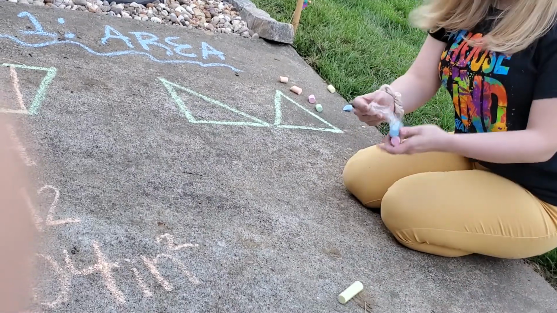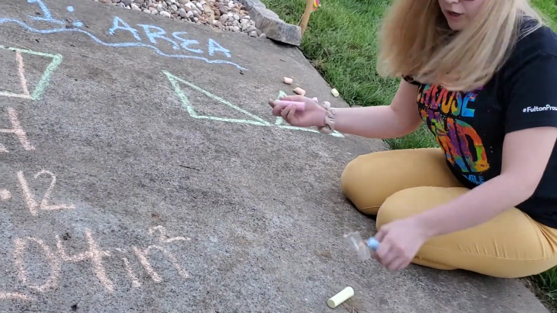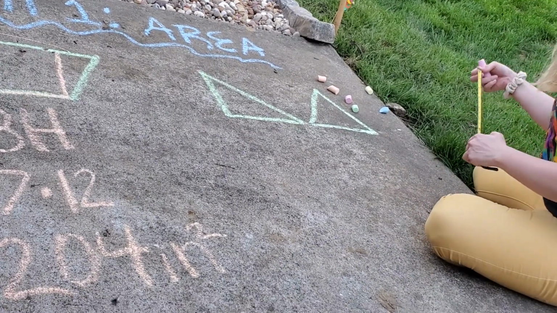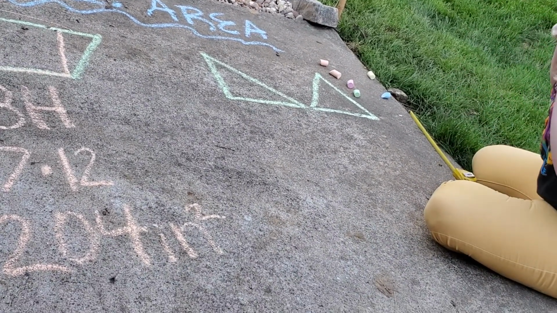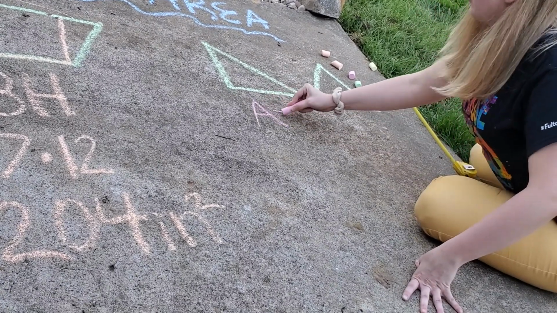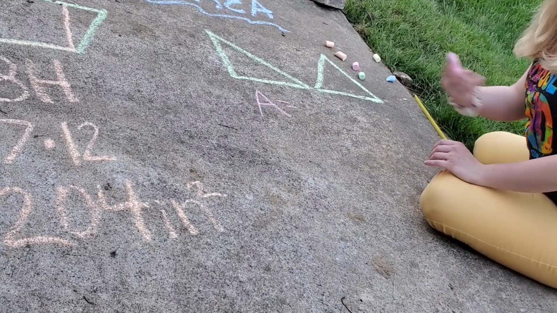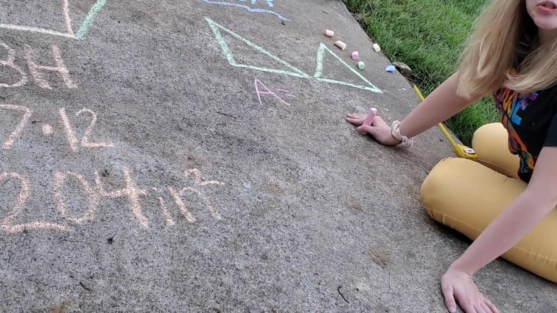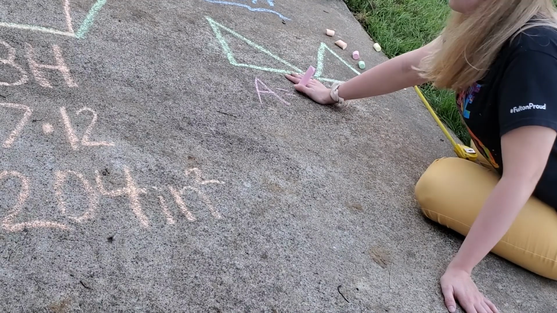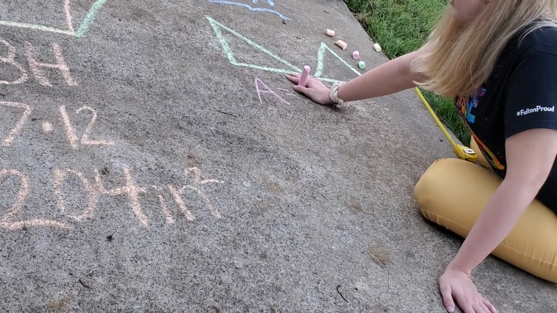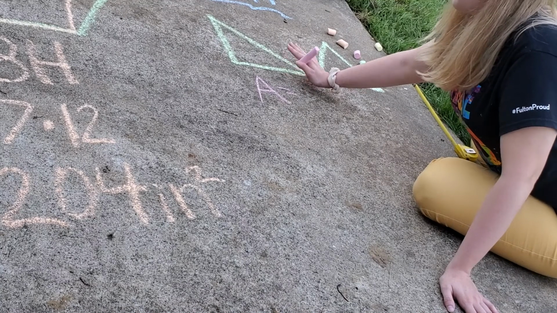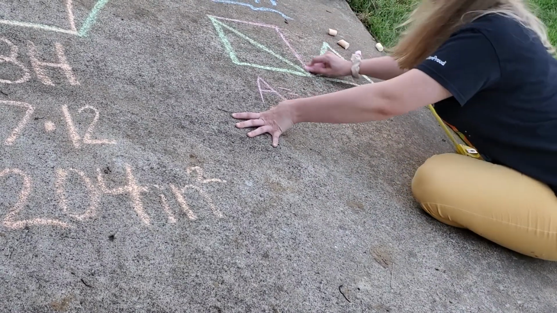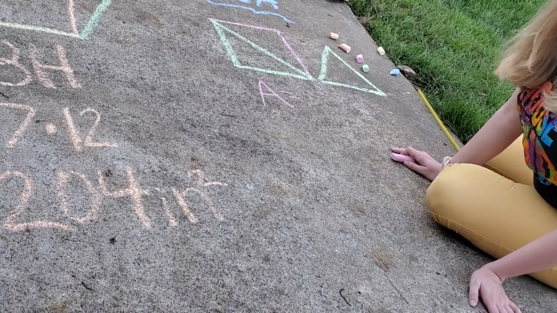Okay, we are now going to work with our triangles. First, we need to figure out how we would even find the area of a triangle. If you remember, we did that activity where we would take a triangle, flip the exact same triangle, and draw a new triangle on the edge of the other triangle.